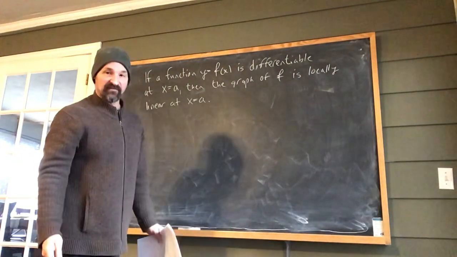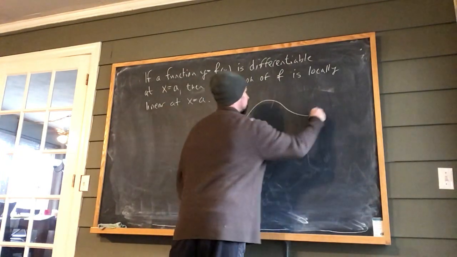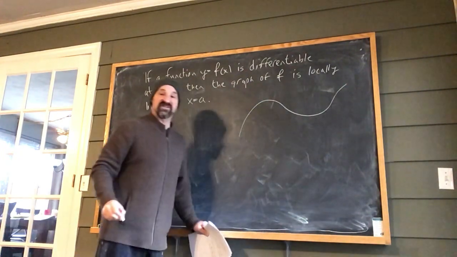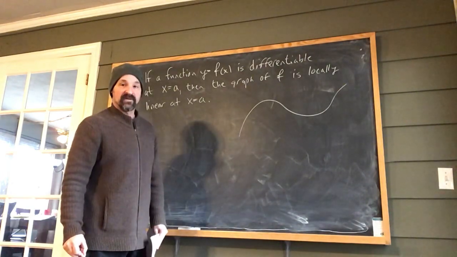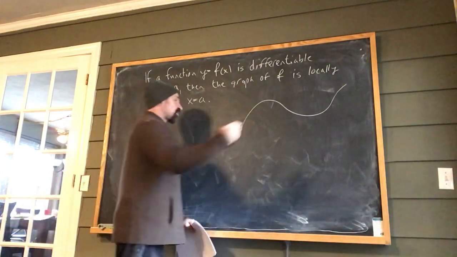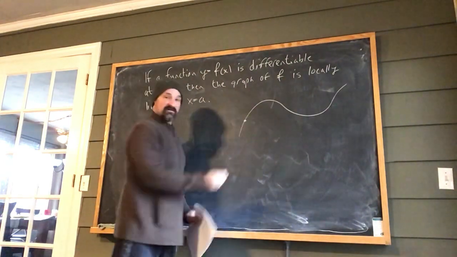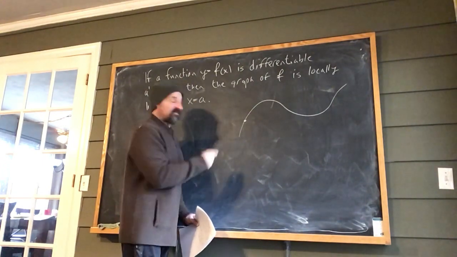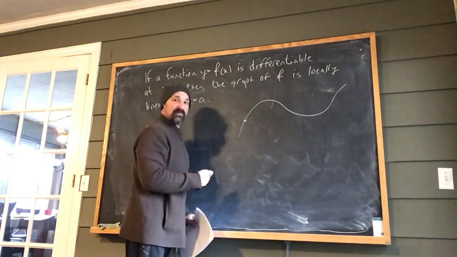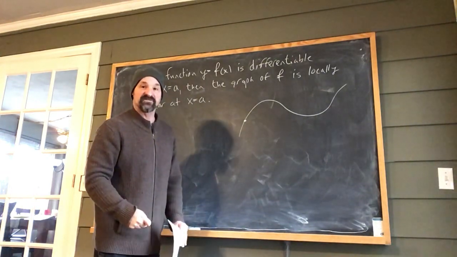So what that means is this. You might have some function and it's curvy. You might have something that looks like this, a lot of curves in it. This function is differentiable. And so at this point right here, even though the graph is bending, is curved, if I zoom in on this point, if I look at just a little neighborhood around that point, the graph starts to look more and more like a straight line.